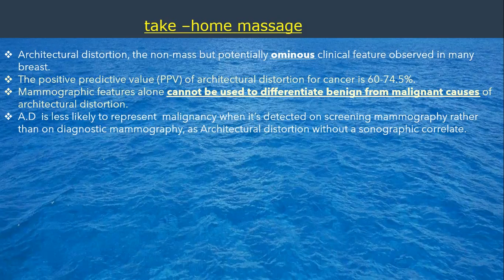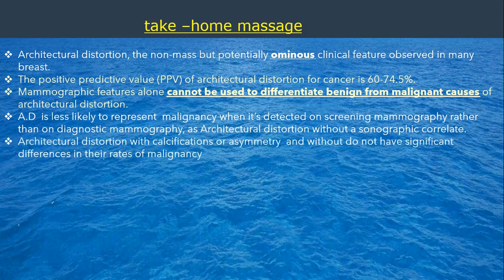If it has a sonographic correlate, definitely the probability of being malignant will be higher. Architectural distortion with calcification or asymmetry, and without, do not show a significant difference in the rates of malignancy.